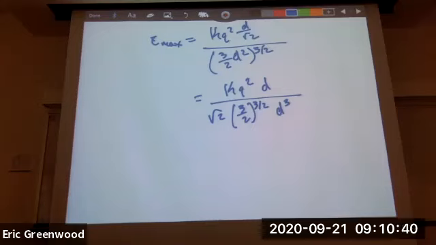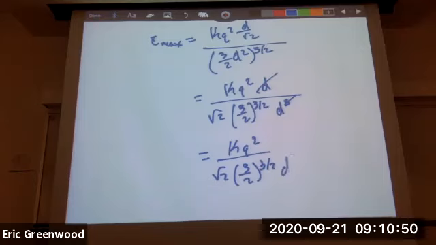This d cancels out one of those, so this finally becomes kq squared divided by the square root of 2 times 3/2 d squared. And I'm just going to leave it that way. I could go further, but you guys aren't always as into algebra as I am, so yeah.